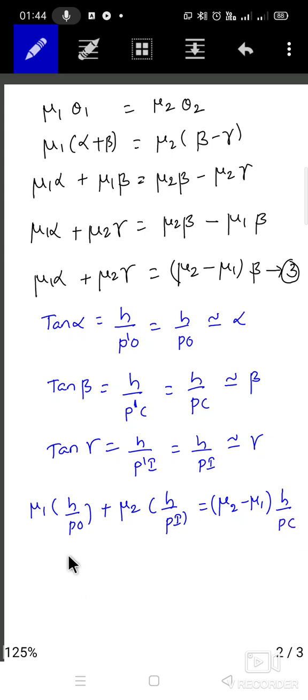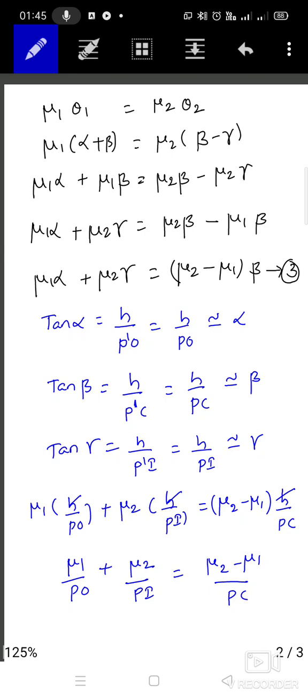Now h is common in all terms, so h gets cancelled. Finally we get mu 1 by PO plus mu 2 by PI is equal to mu 2 minus mu 1 by PC.